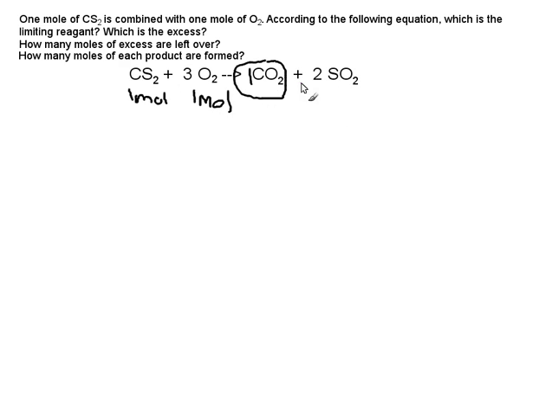Okay, anyways. So what we're going to do is set up 2 sets of train tracks. If you have no idea what I'm talking about, this is just the method I use for doing stoichiometry. It is basically putting all of your conversions into a form that is easy for you to handle.